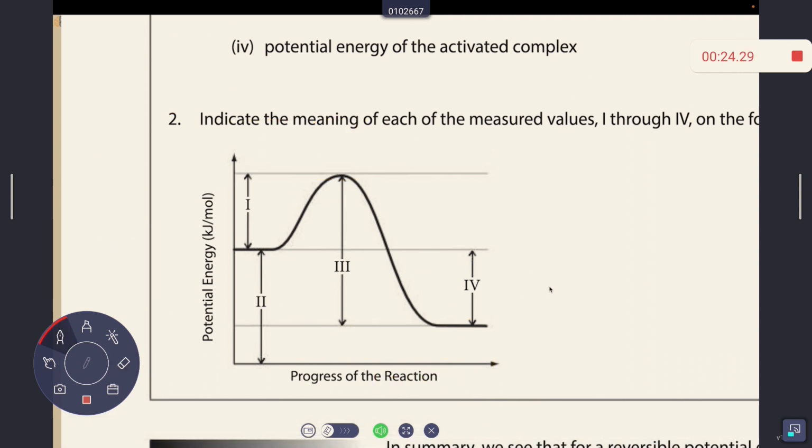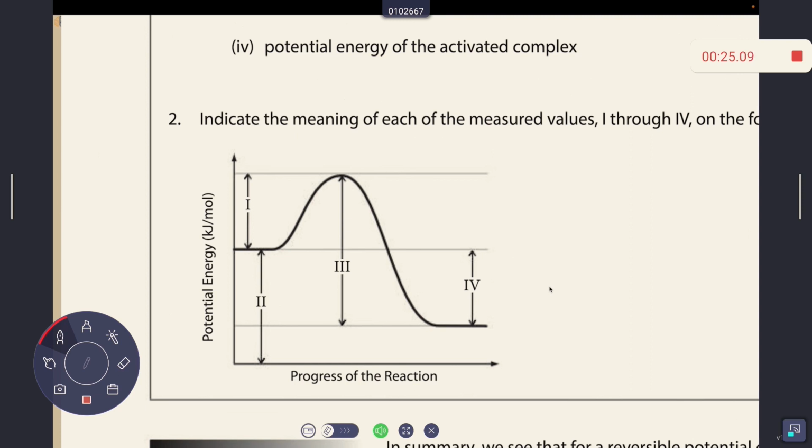Well, this is the product, and what's this one called? So this activation. Activation goes on the top, but what's the bottom? That's the activation energy. It's the reactant because... and then two is the potential energy of reaction.